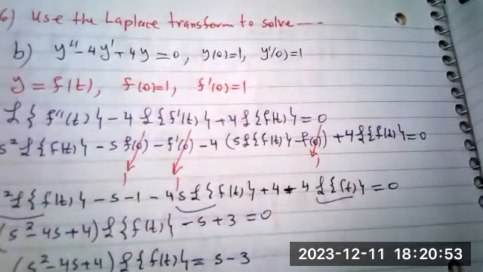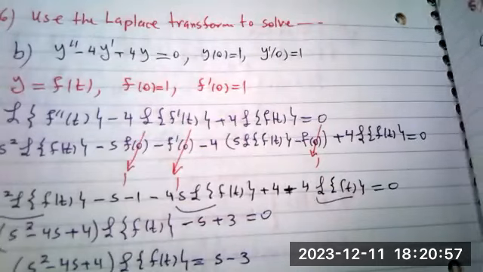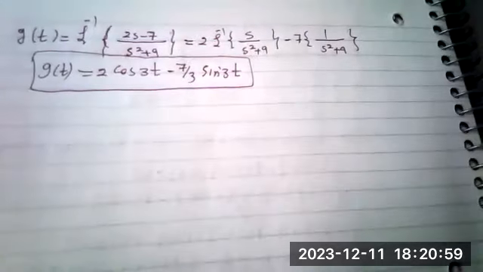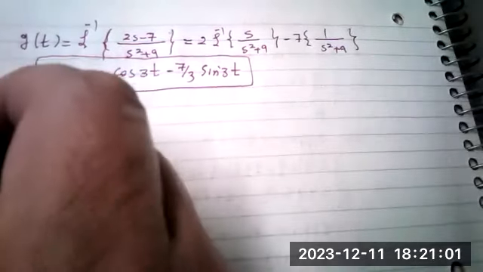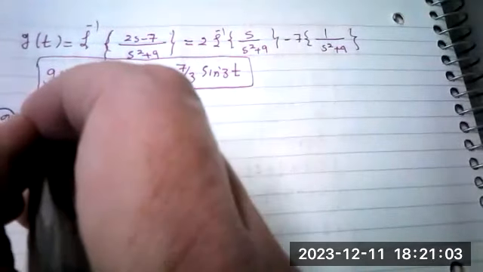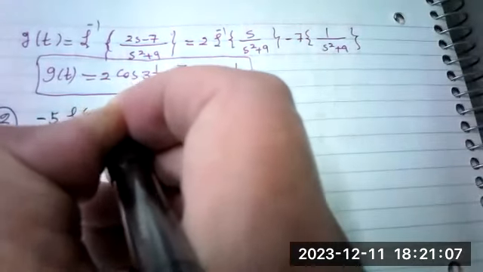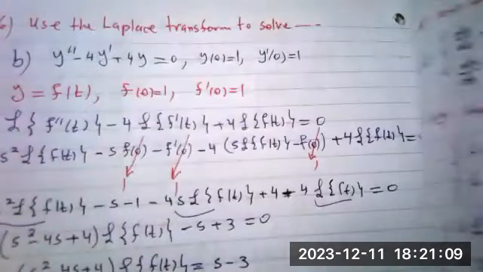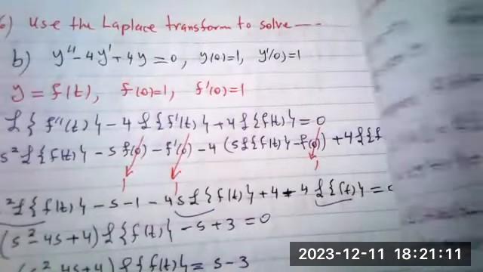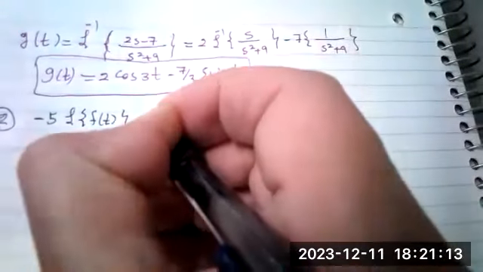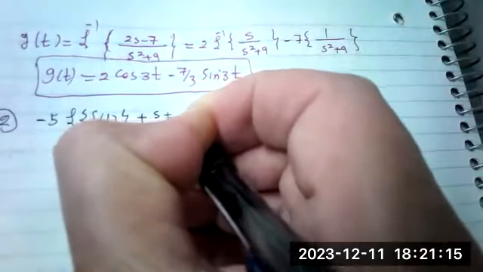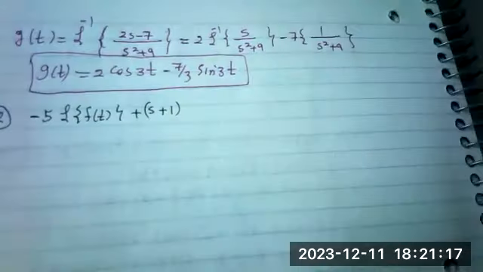For example, we may go with equation number 2, with -5, which is much better. So we go to equation number 2 and we substitute. You have -5 Laplace of f of t plus s plus 1 times g of t.